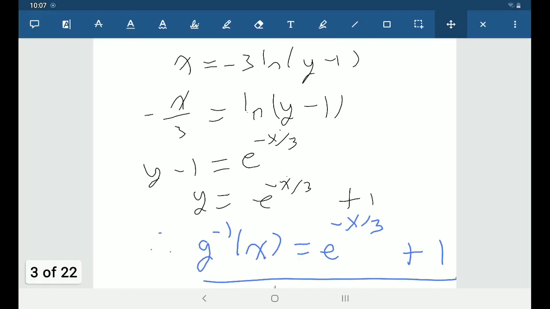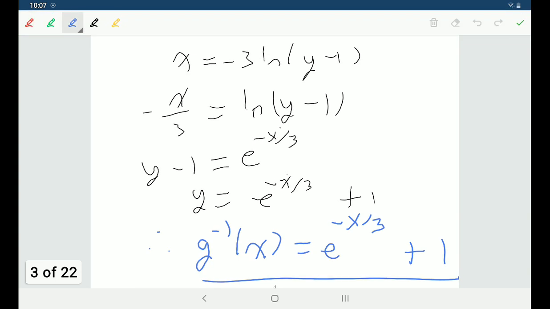And solving for y is pretty straightforward. First thing we'll do is we isolate our natural log. So we want just the natural log by itself. So I divide both sides by -3. And then once I have this logarithmic function by itself, I'm going to take this equation and rewrite it as an exponential equation with base e, because base e, that's the base for the exponential function. That's the inverse of natural log.